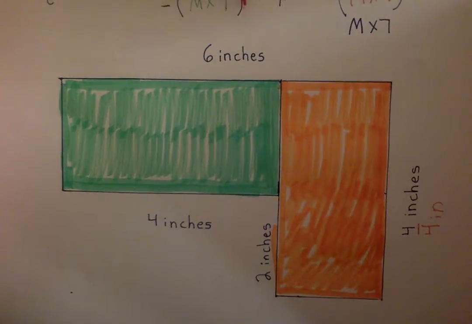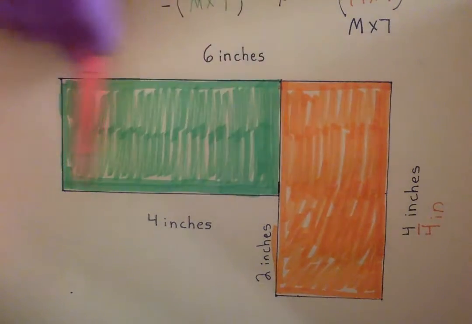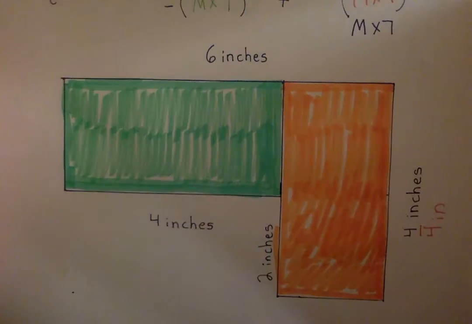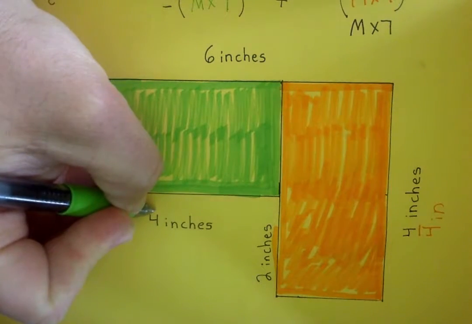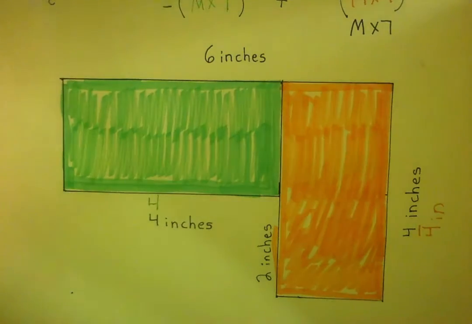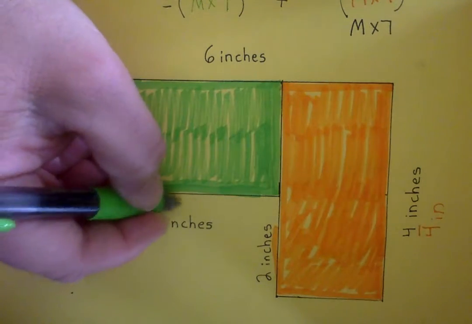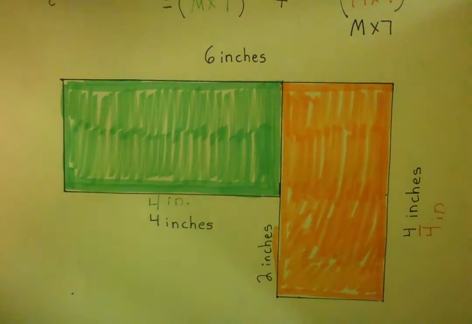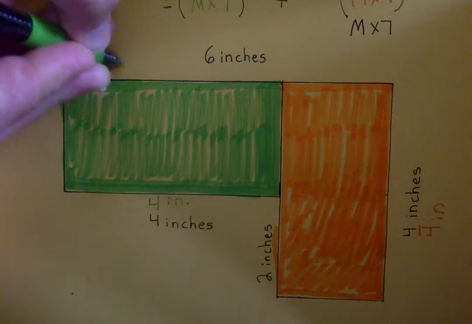However, what I do know is that the length of the green itself is 4 inches. So I can say that my green is 4 inches. I'm also going to say that the green over here is also 4 inches.